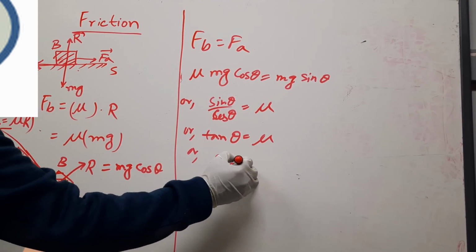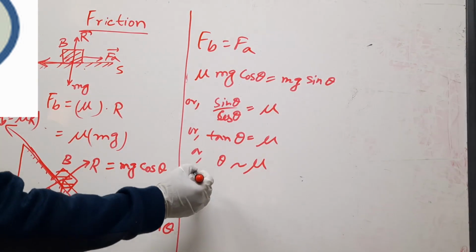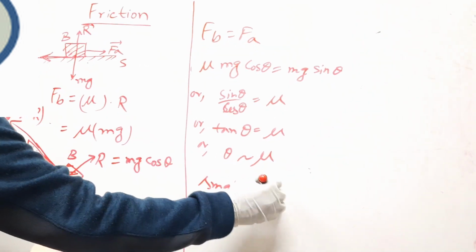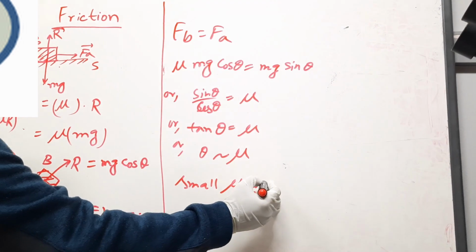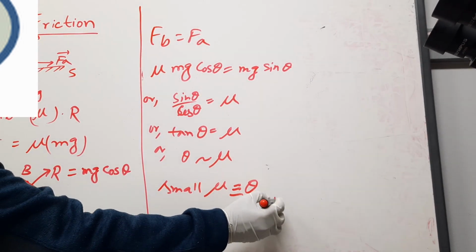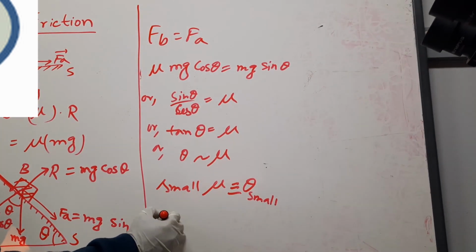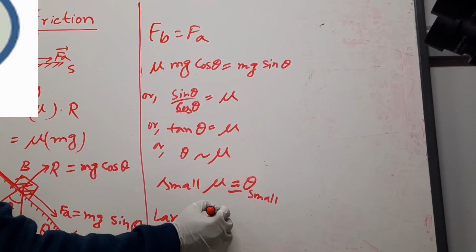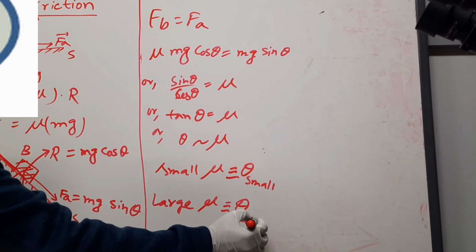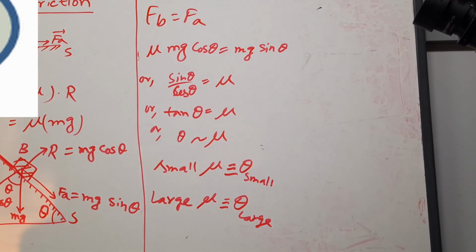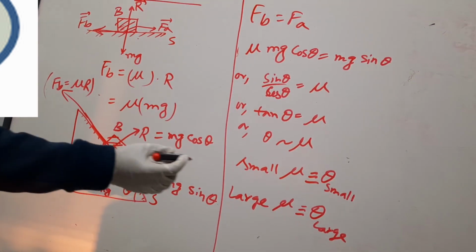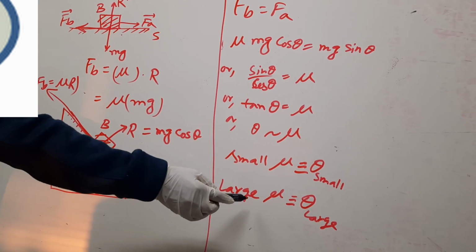Therefore theta is proportional to mu. This is an important relationship: for a small mu, theta will be small, and for a large mu, theta will be large. Now let's consider the cases for small mu and large mu.